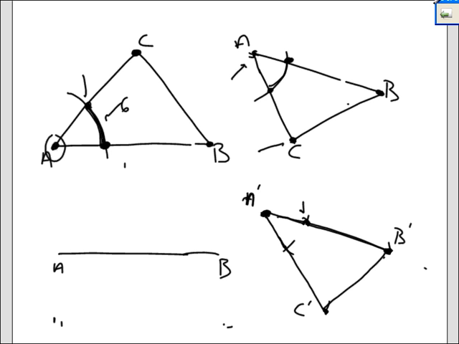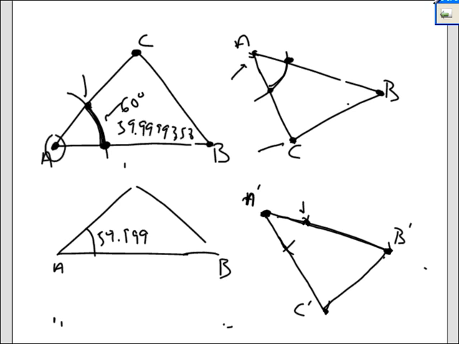You may look at it and say, come on, it's 60 degrees. Even I see that. Nonsense. You don't see that it's really 59.999358. You don't see that on a protractor. But you know what? The construction sees it. The construction sees that, yep, this angle is 59.9999358 degrees.